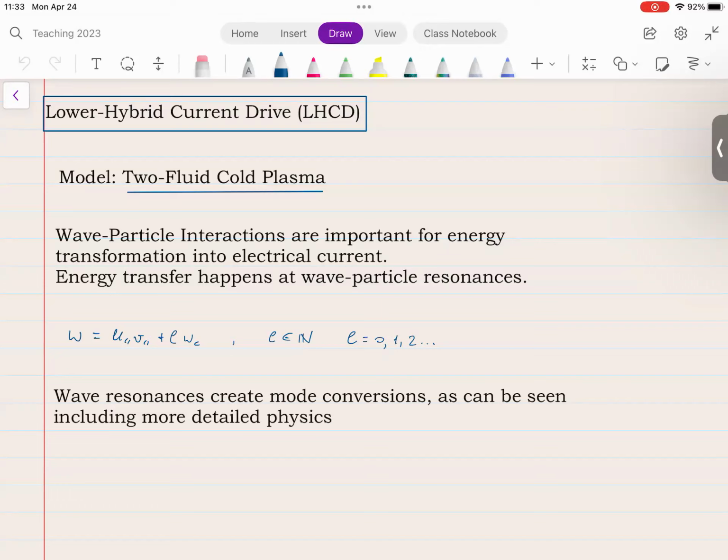In other words, the energy of the wave does not get transferred to the plasma there. That's the part that's interesting to us.